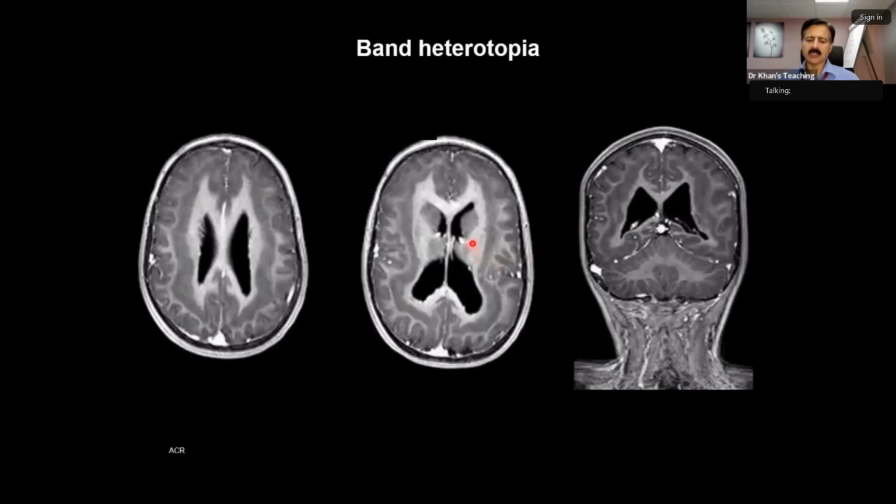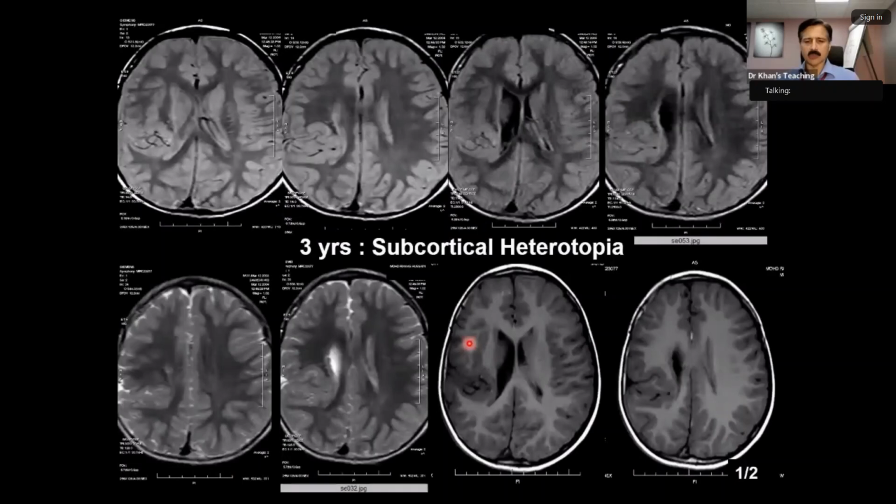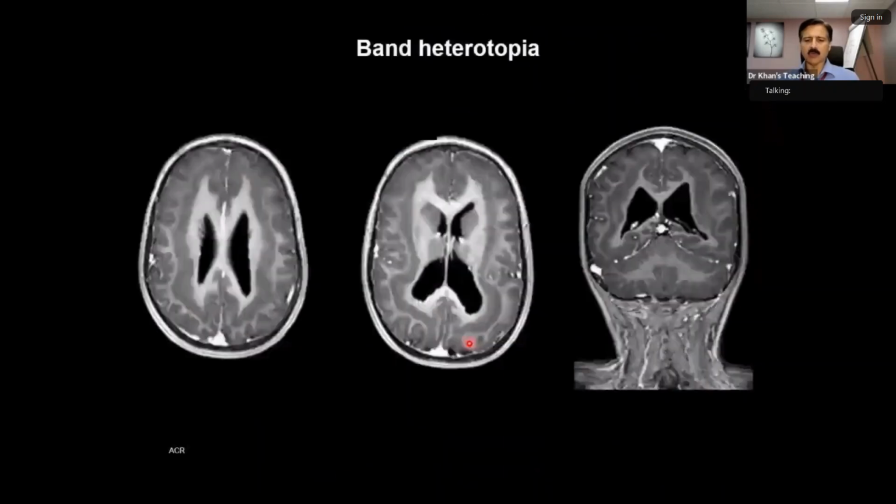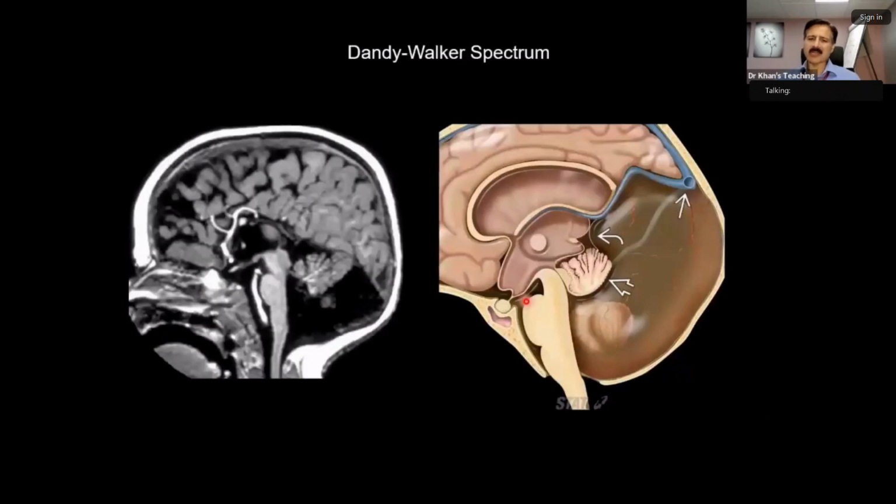But you can see that there is white matter, then there is gray matter, and then there is white matter as a band. You have seen this come in the exam. Band might be more difficult, but you should know this.